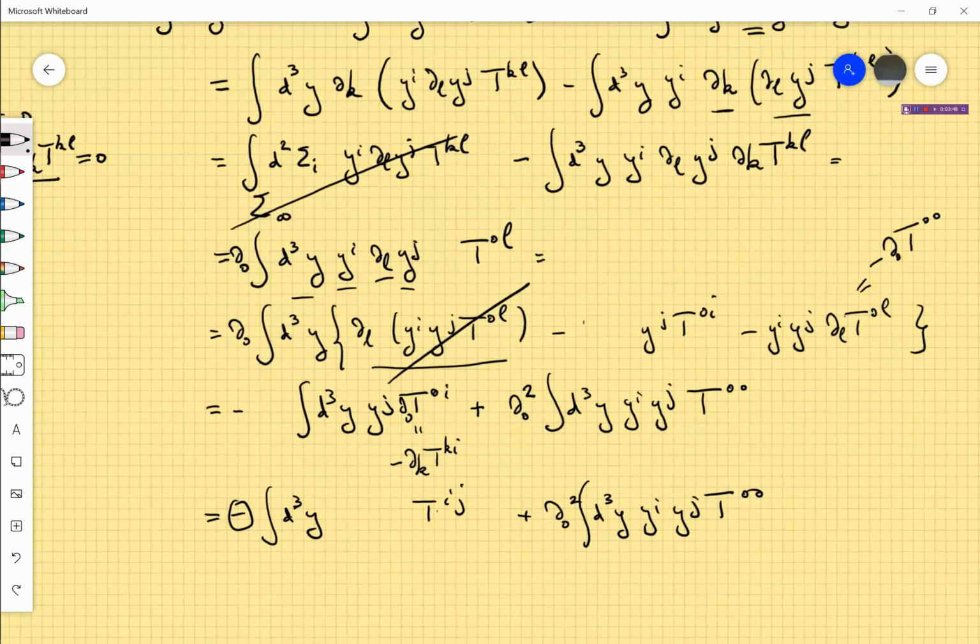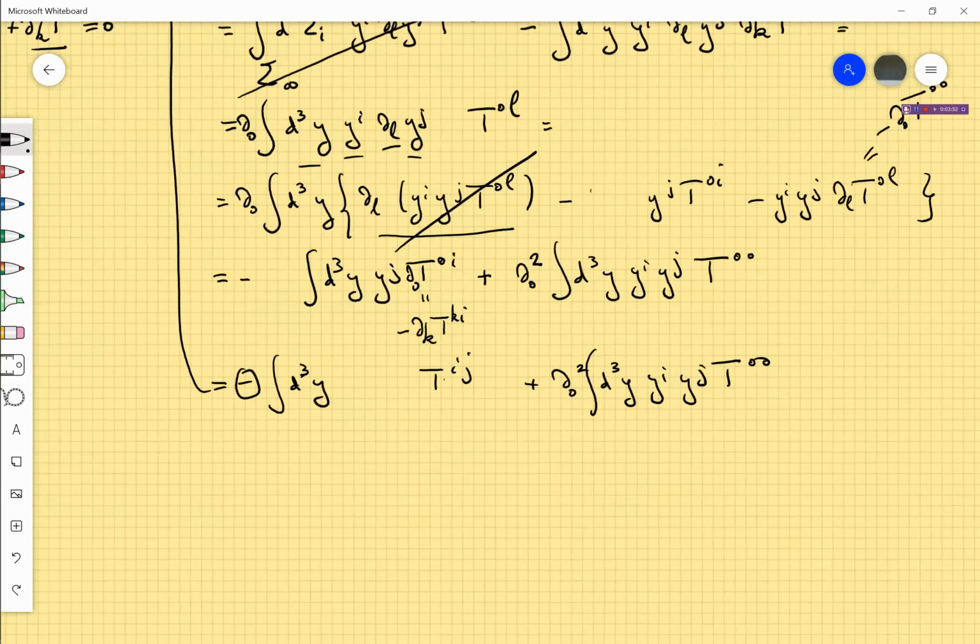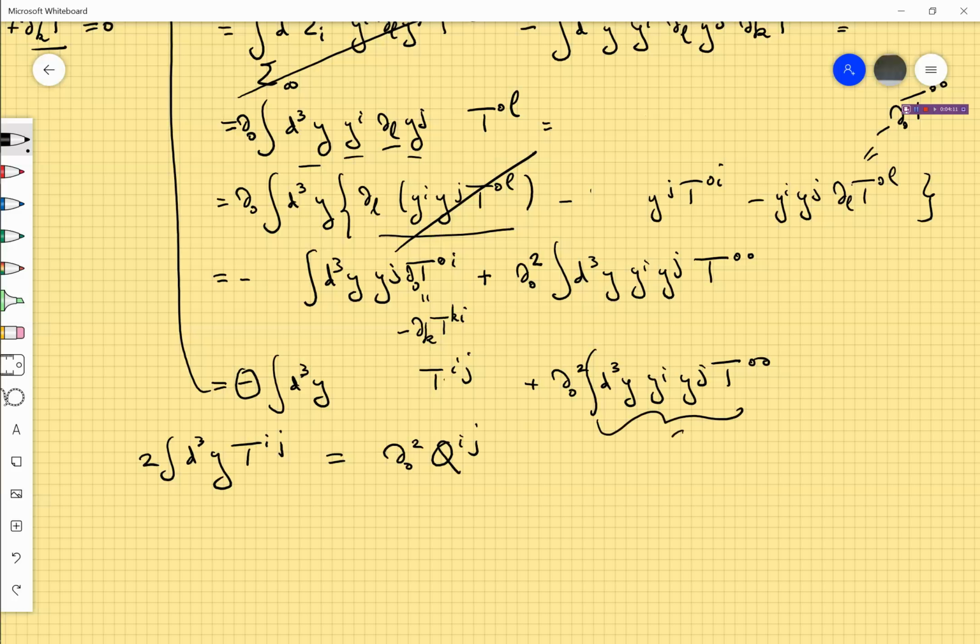So if you take this term to the other side, what you get is that the integral of d3y tij with a factor of 2 is equal to the second time derivative of this thing that is known as the quadrupole momentum and is denoted by qij. It's the quadrupole momentum of the energy distribution.